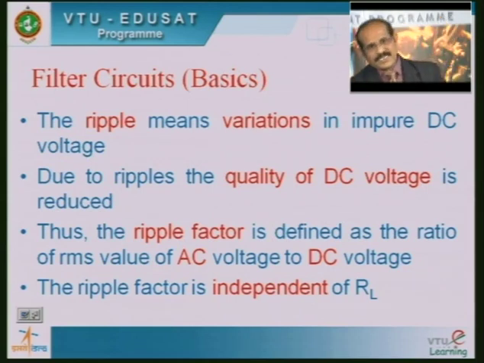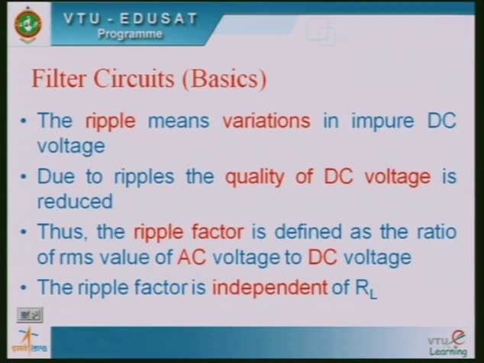Now friends, let us see some of the basics of the filter circuit. As I told you, ripple is the variation in impure DC voltage. We always need to remember the ripple factor, which is a measure of the AC ripple content of the DC output voltage.